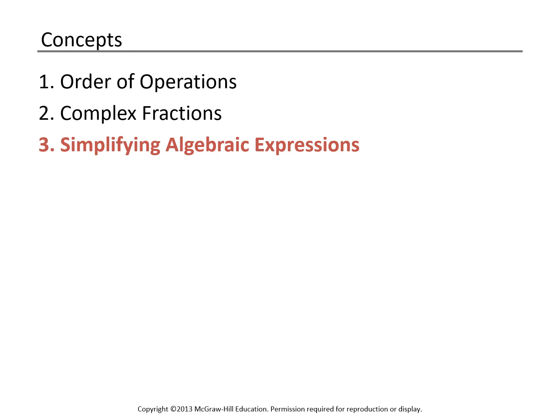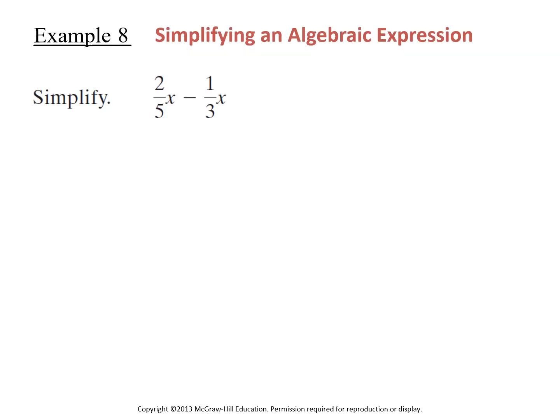Okay, and finally, we're going to simplify an algebraic expression. So remember, when we simplify expressions, we remove parentheses and we combine like terms. So these are like terms. We have 2/5 x minus 1/3 x. So we combine the coefficients and keep the variable part. So had this been 3x minus 2x, we would combine and get 1x.